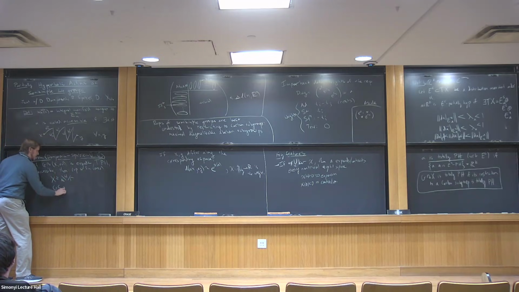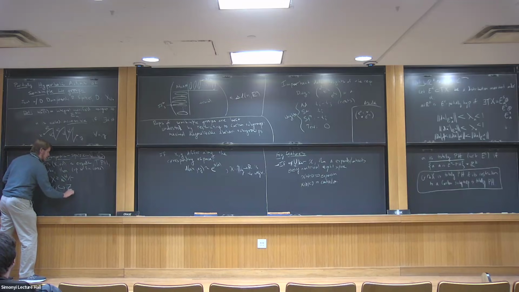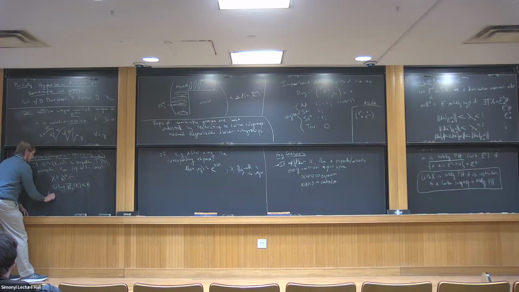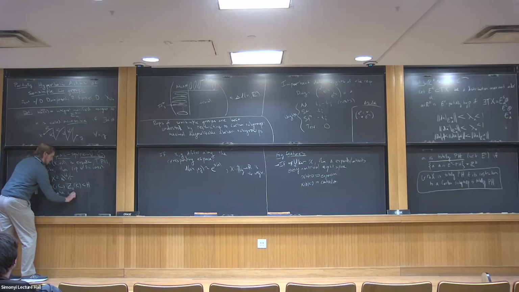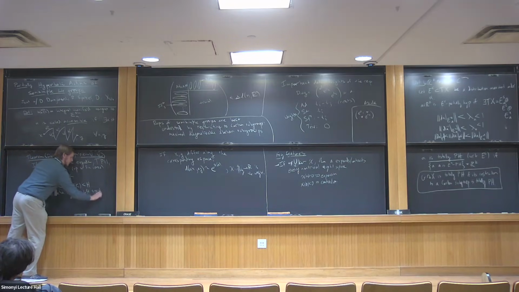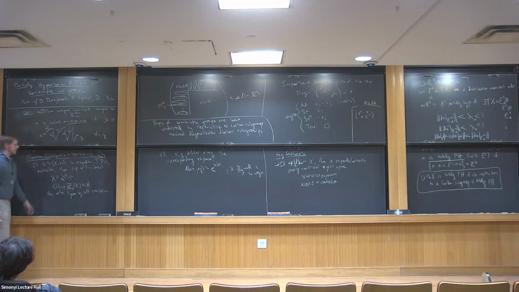G embeds into H, and really, it embeds into the centralizer in H of the group K. So it embeds inside of H in a way that commutes with K. And the action is given by left translation in these coordinates after conjugating by this diffeomorphism.